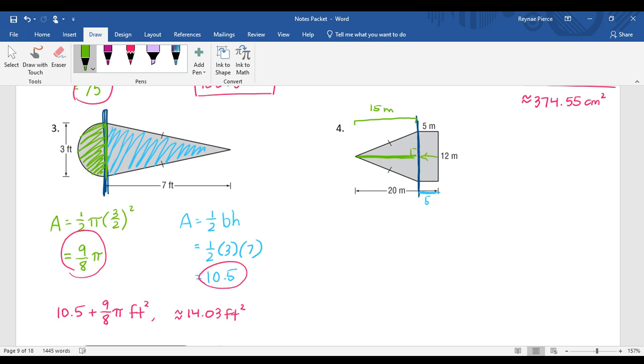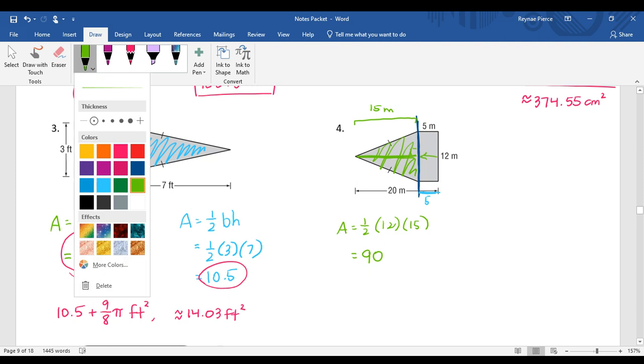Okay, the base is still 12. So base is 12, height is 15. 1/2 times 12 times 15 gives me an area of 90.